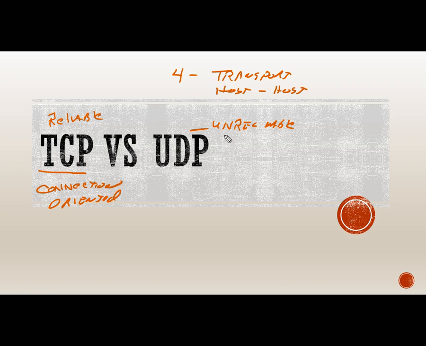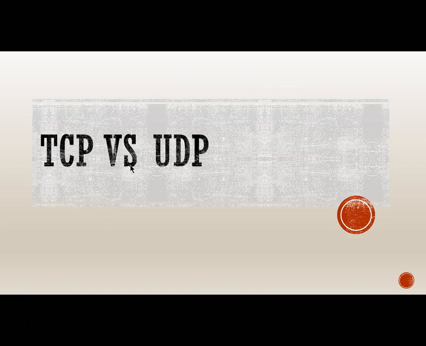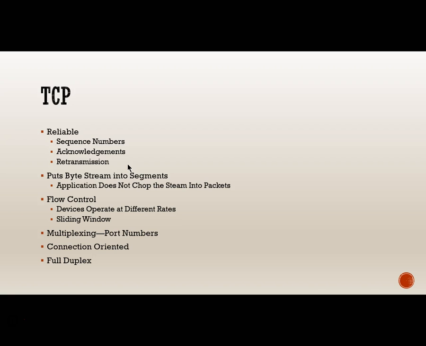We'll try to look at some of the headers on these things, and it's also called connectionless. So the two major protocols working with IP, the layer 3 protocol, are TCP, transmission control protocol, and UDP, user datagram protocol.